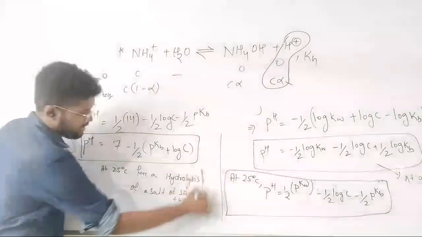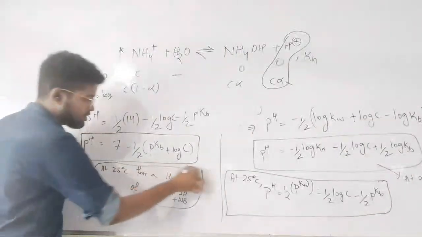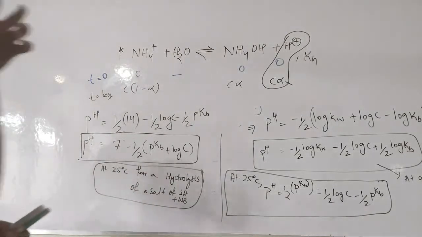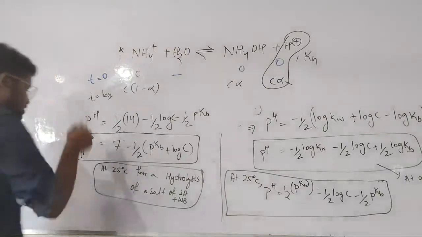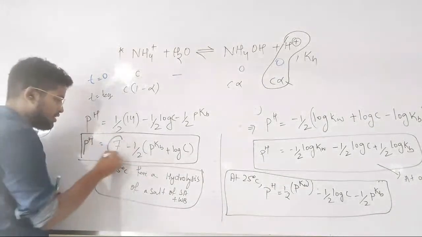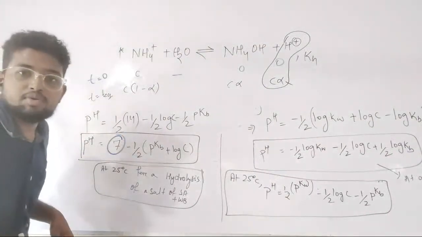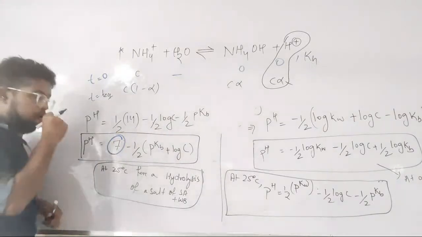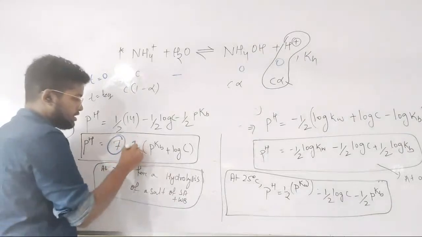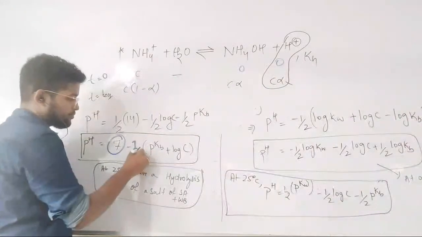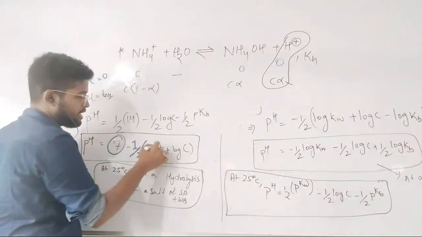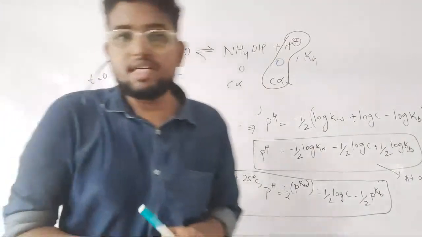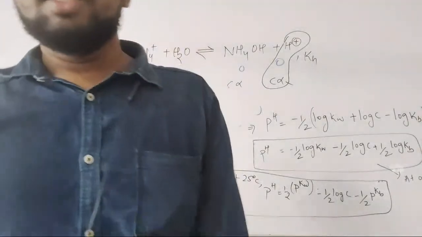Okay, so we got the pH value for the hydrolysis of a salt of strong acid and weak base. The pH will be equal to 7, which is half of the pKw, minus 1 by 2 pKb plus log C. You know what is pKb? If the Kb value is given as 10 to the power minus 5, then pKb will be 5.